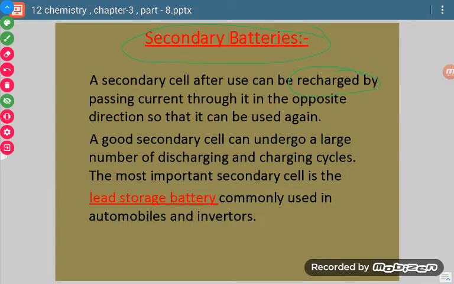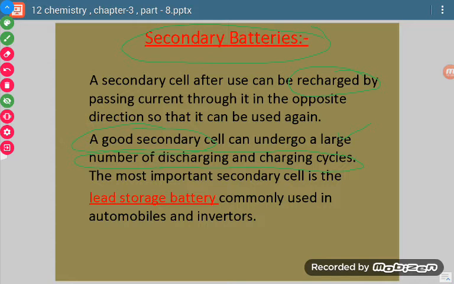If we are getting a very good secondary cell, then it can undergo charging and discharging so many times. If it is not of good quality, then it may function for less time, but if it is of good quality, then it may be recharged and charged again and again, and it will go on for a long time.